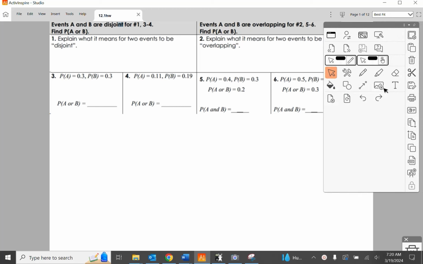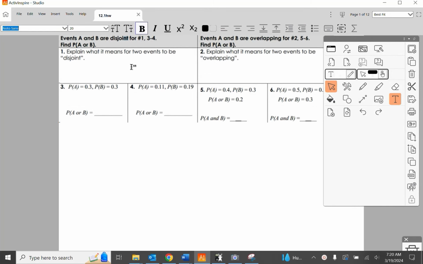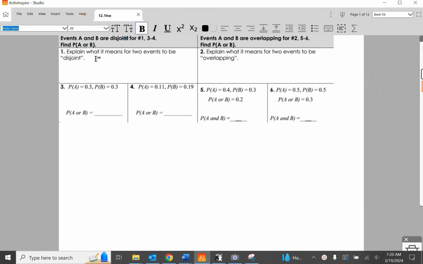So here we have the 12.1 homework, basic probability, and there's some vocabulary in here that your book doesn't quite define. Disjoint is a common word. Disjoint is another word for independent or mutually exclusive.